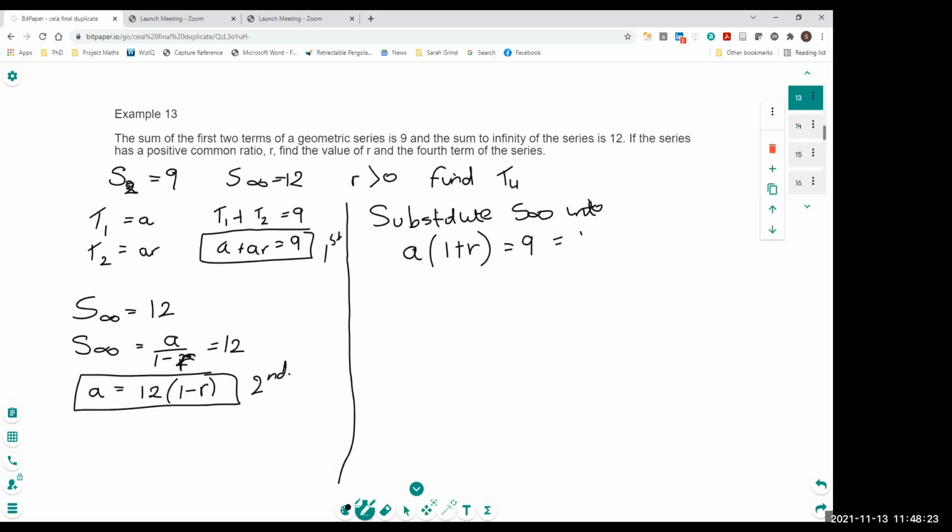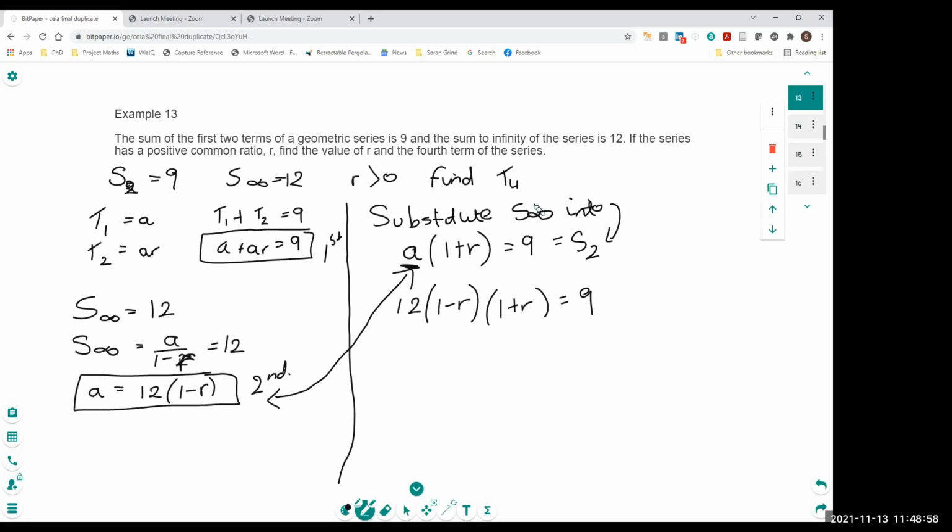Because we know what A is down here, based on S to infinity we were able to generate a value for A, we're going to substitute for that back in here. So now we say 12 times 1 minus R by 1 plus R is equal to 9. Now we have an equation in one variable that we can solve.